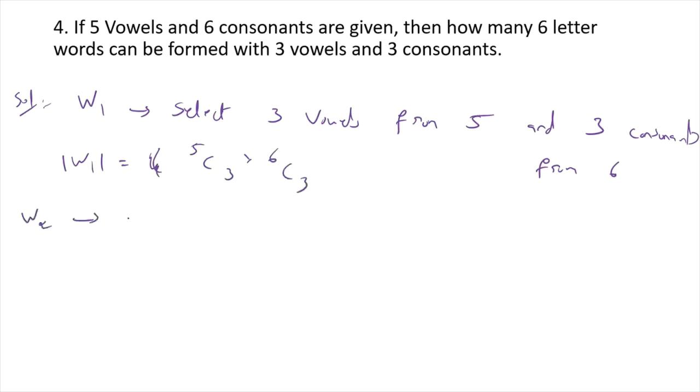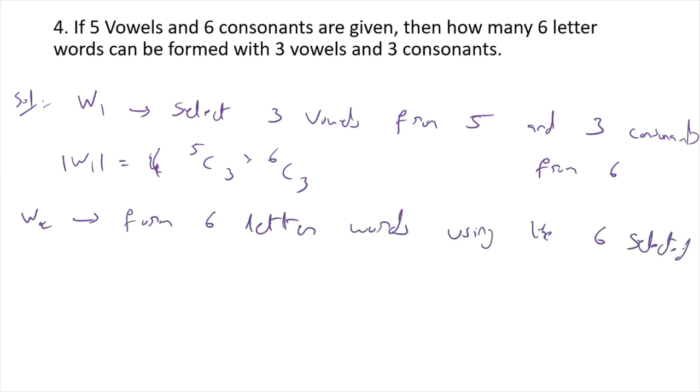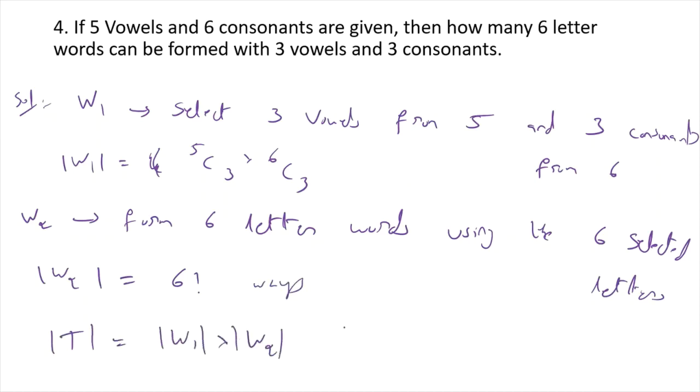W2 is to form 6-letter words using the 6 selected letters. This W2 can be done in 6 factorial ways. So number of ways of completing the task is equal to number of ways of doing W1 times number of ways of doing W2, which is equal to 5 choose 3 times 6 choose 3 times 6 factorial.